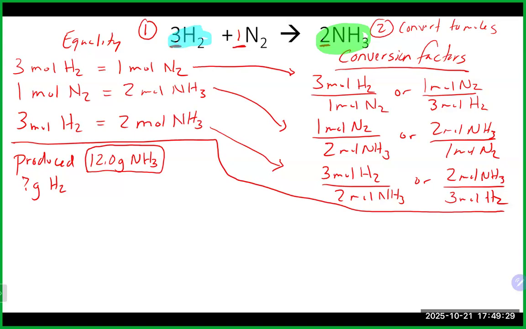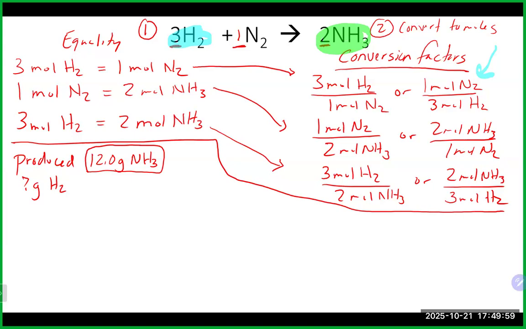There is no way, using just the 12 grams of NH3, that we can go directly over to H2, because as we saw on that slide, these are not a gram to gram relationship. The relationship we can use is the mole to mole relationship, which is all these possible conversion factors.